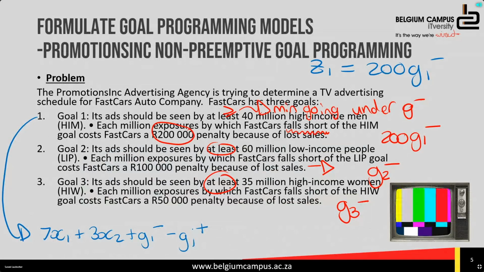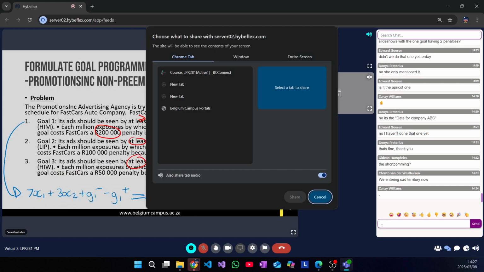Why plus g1 minus? Because when it's under, you have to add to make it equals. Did you hear what I said? When it's under, I have to add to make it equals. If it's over, I need to subtract to make it equals. That's where the signs are coming from.